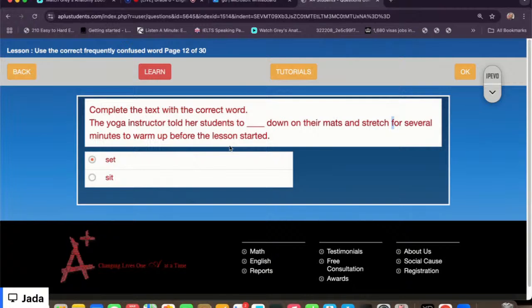So set or sit? All right, so sit and not set.